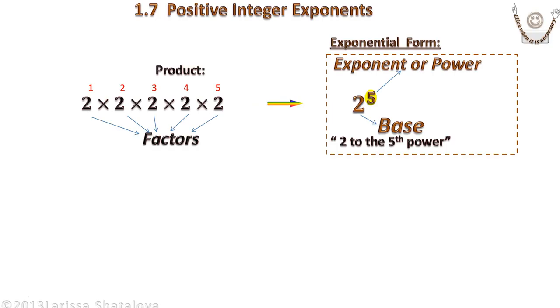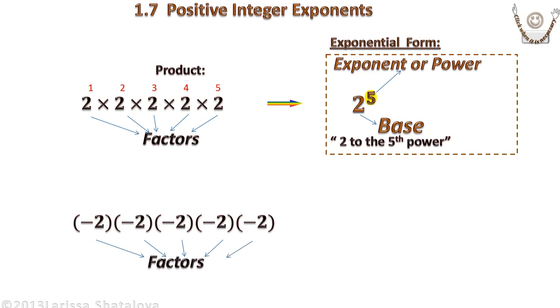In this example, the base was positive 2 or just 2, and because we are learning about positive and negative numbers, now we are going to develop the next example where negative 2 is a factor. So how to show exponential form? It's supposed to be negative 2 within parentheses, and the exponent is 5.